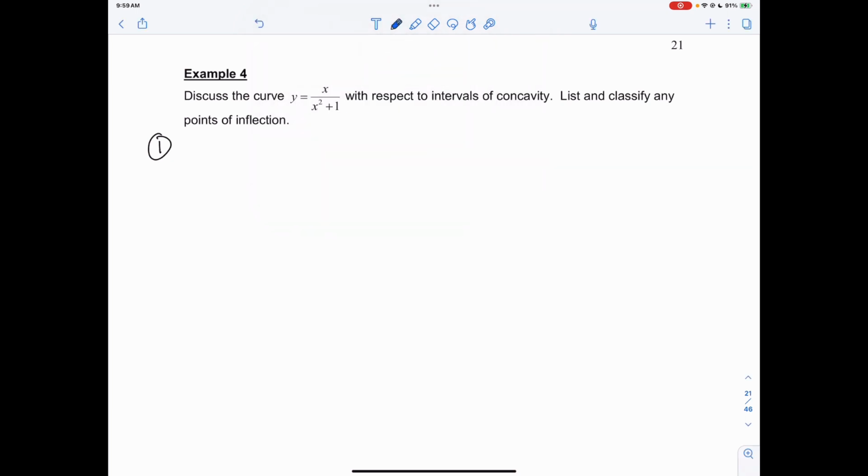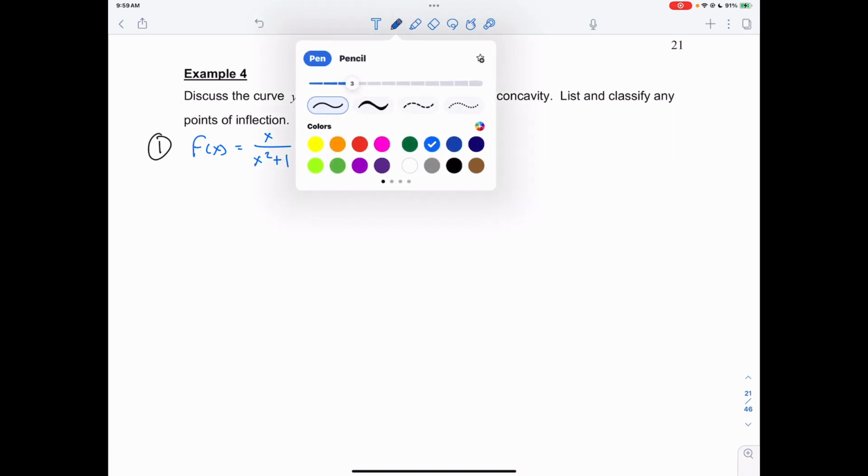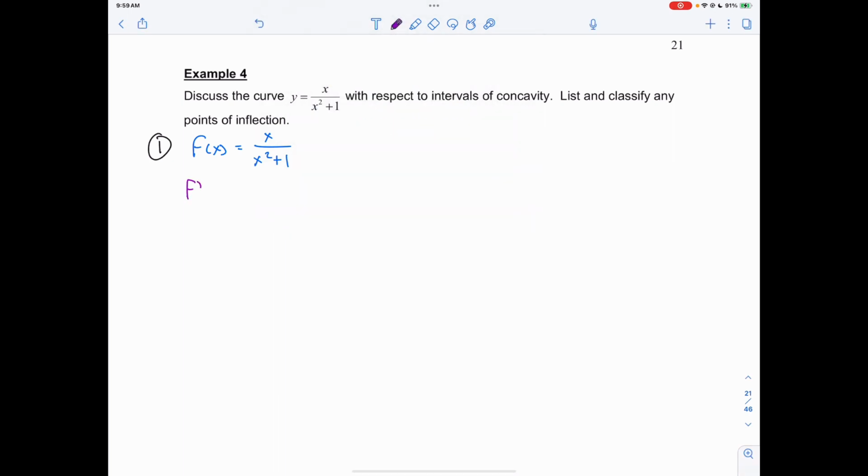If f of x is equal to x over x squared plus 1, then I'm going to use the quotient rule to solve f prime of x: low d high less high d low, draw a line, and square below.